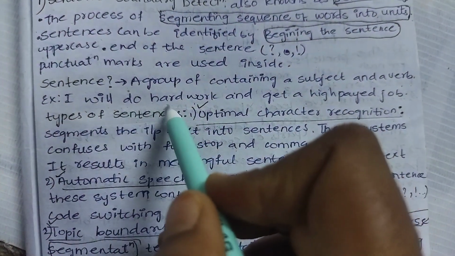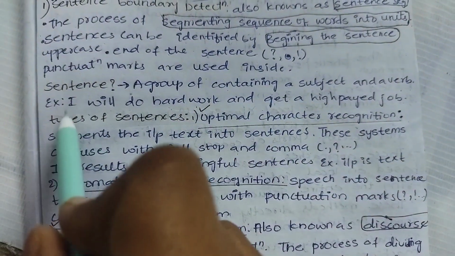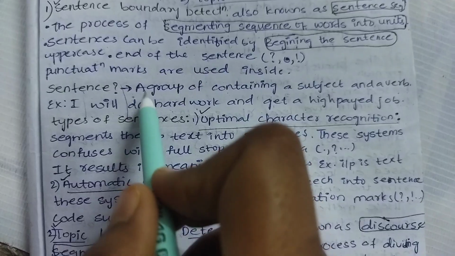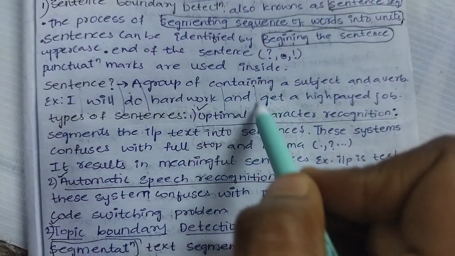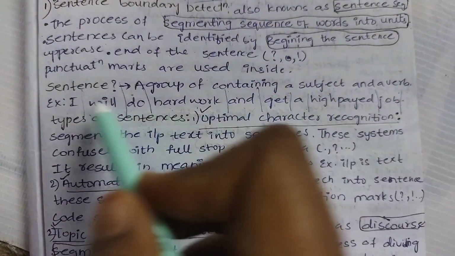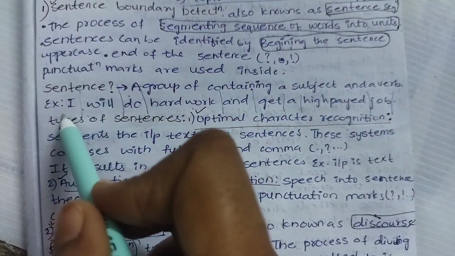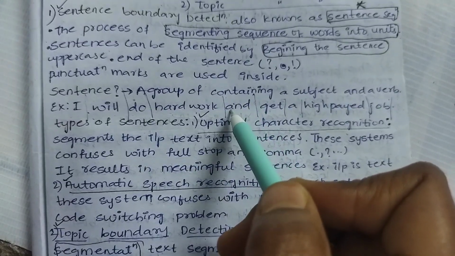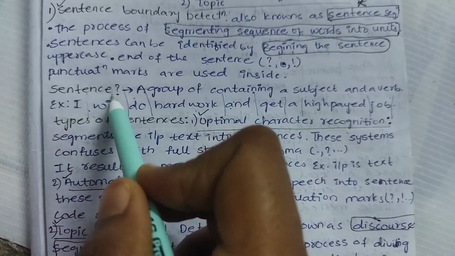It divides into a group of words: I is a token or unit of a word, will is another word, then do, hard work, and get a high paid job. This is an example of a sentence. These are words grouped together which give the meaning of a sentence.